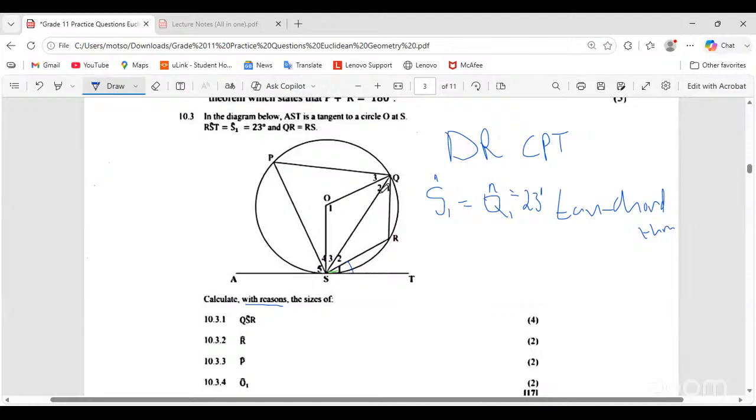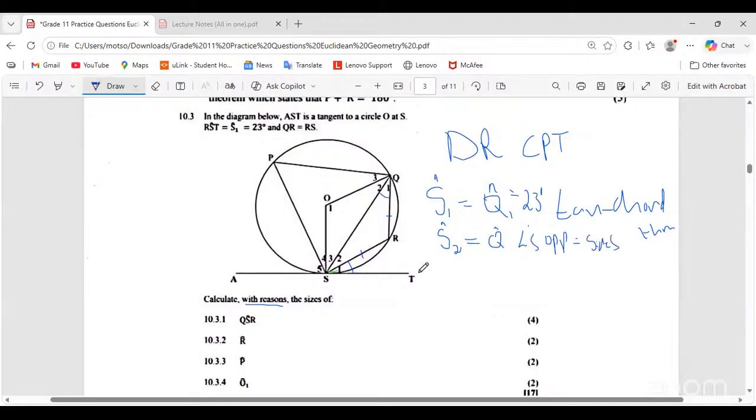Now we have this angle here. We were given that this side is equal to this side, which implies that triangle SRQ is an isosceles triangle. That forces angle S2 to be equal to angle Q1. Angle S2 is equal to angle Q1 because those are the angles opposite equal sides.